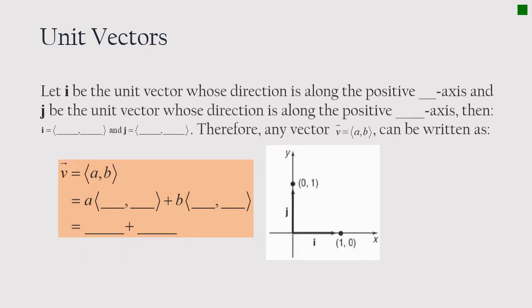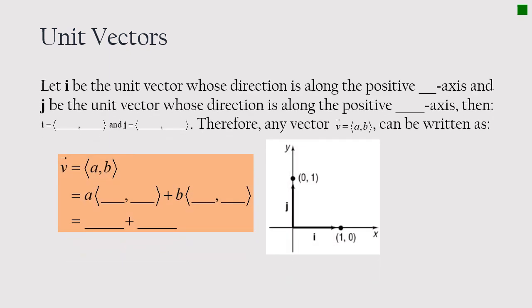All right, so if we continue learning about unit vectors, we're going to learn a couple more names for them and some more terminology. So I, this does not mean the imaginary i. This is going to be a vector I. So you can see that as a bold I. It's a unit vector, and it's a specific one whose direction is along the positive x-axis. So you can see I written right here.